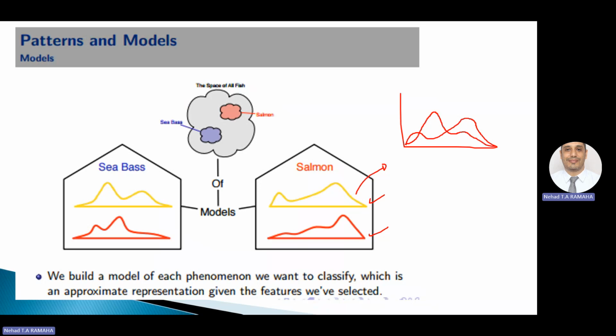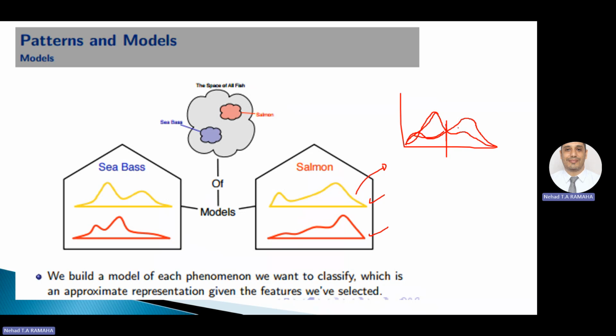So as you can see, we have some common data here. We should do something like this. Look here at this feature. We have some point where the high data will be for the sea bass and the low data will be for the salmon.